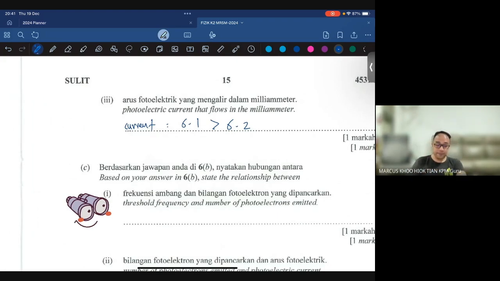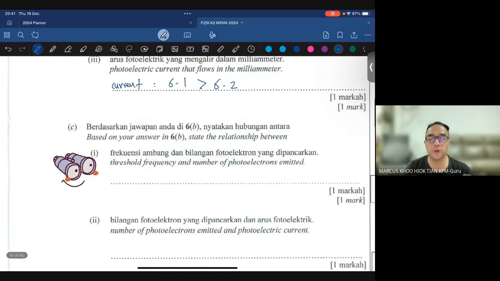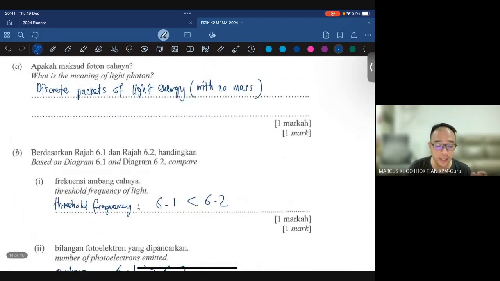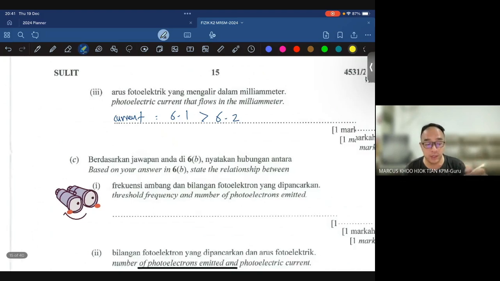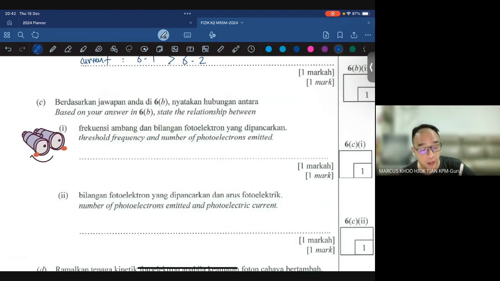Based on your answer in 6B, state the relationship between the threshold frequency and the number of photoelectrons emitted. It's asking us to relate these two. Our usual practice is, because the direction is opposite to one another, the bigger the threshold frequency, the smaller the number of photoelectrons emitted. Which is what I would write. The relationship is very obvious from these two comparisons.